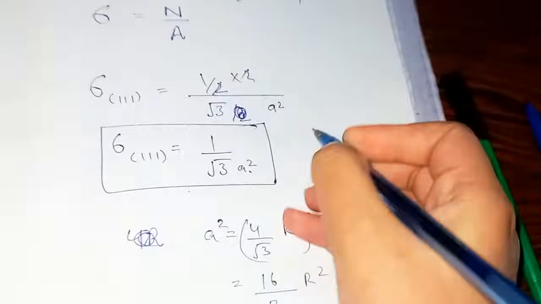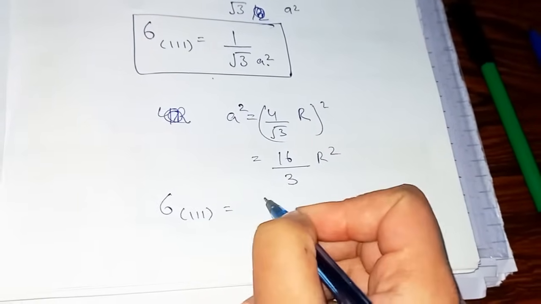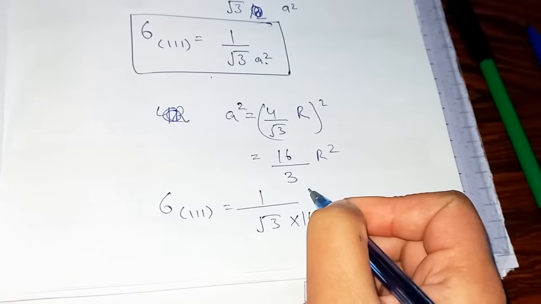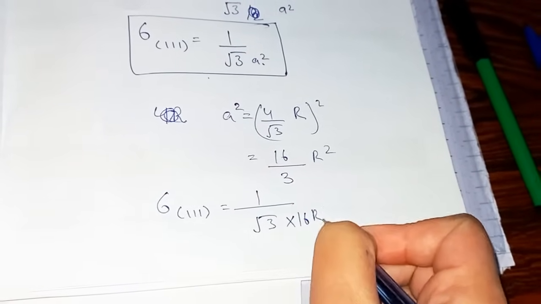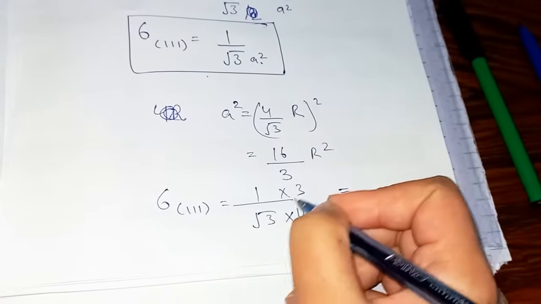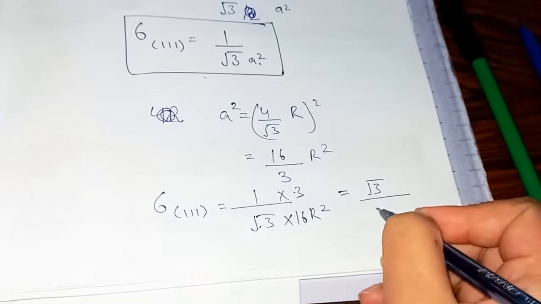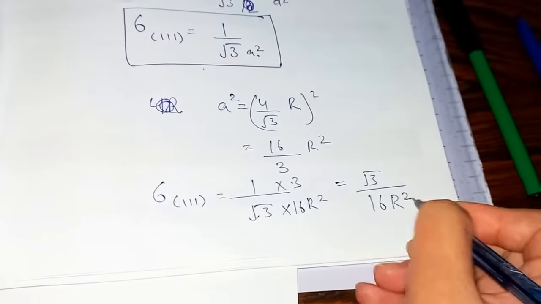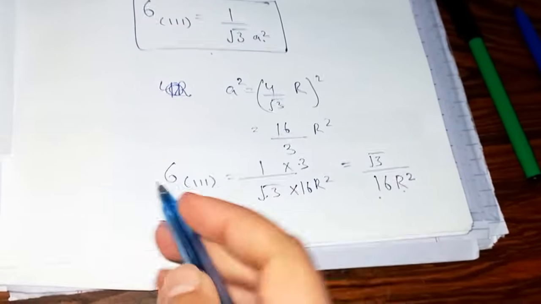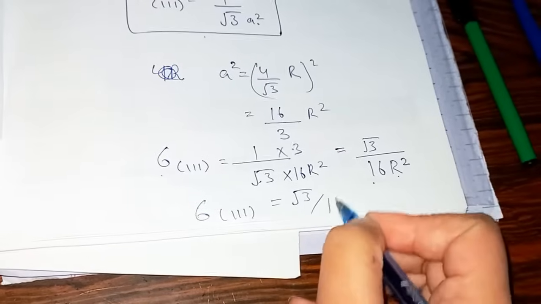We can put the value here to get the expression of planar density in terms of atomic radius. So it's root 3. 3 by root 3 is root 3. You can do this on a calculator. And root 3 by 16 r squared. This is the planar density in terms of atomic radius.